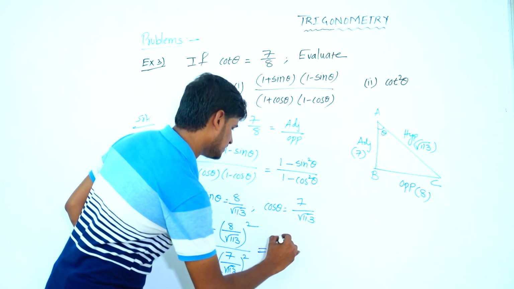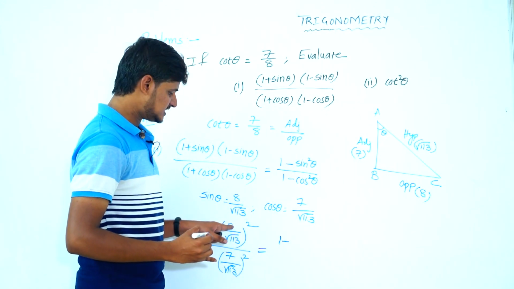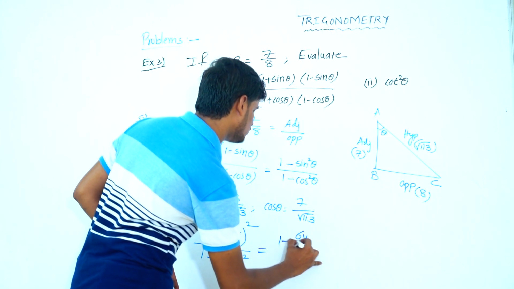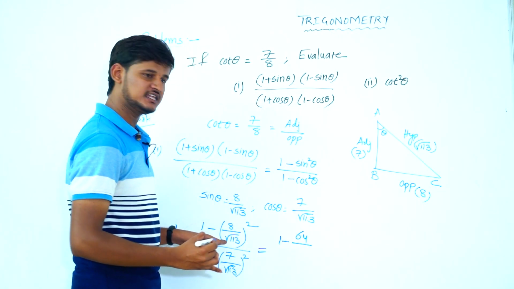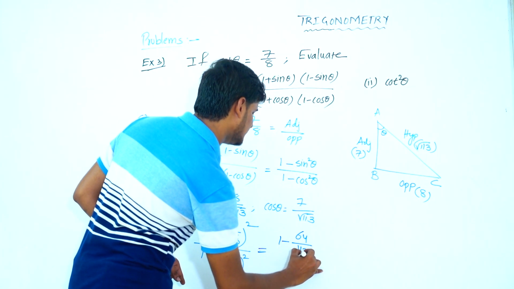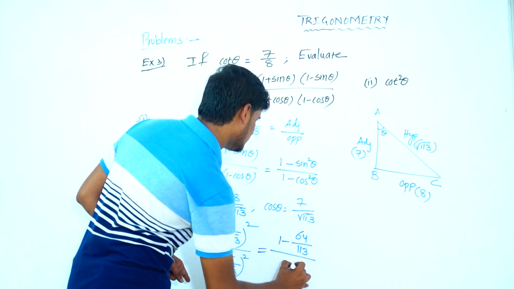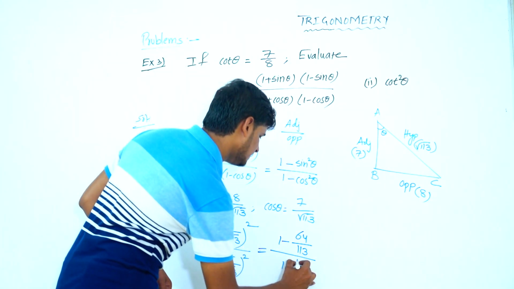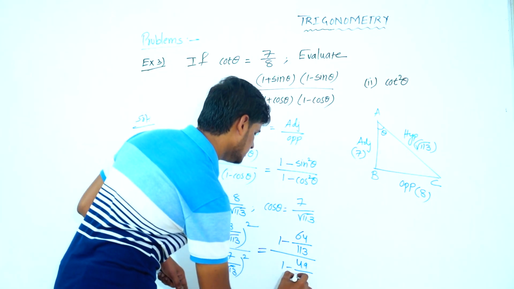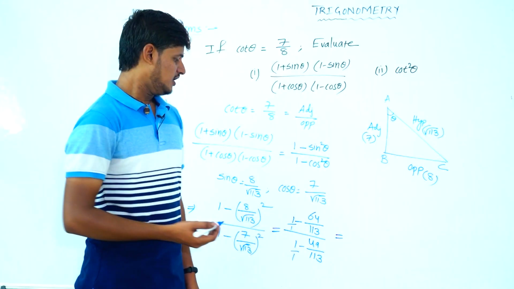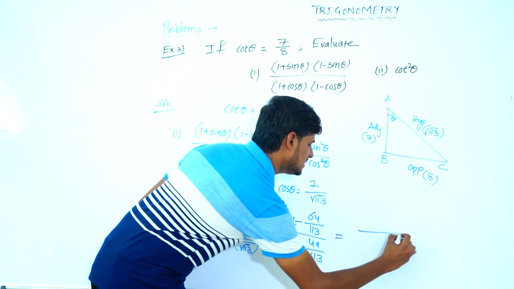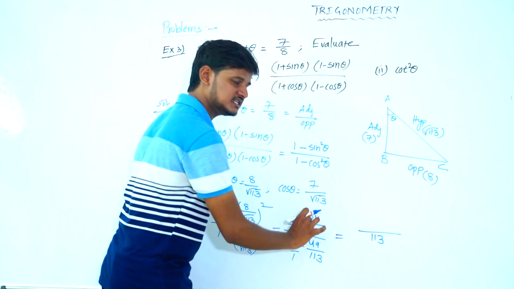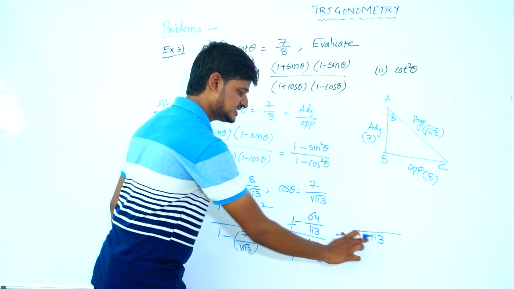If I simplify this one, split the square to both numerator and denominator. So 8 square is 64 by square root of 113 whole square, that is 113. Again, split the square to both numerator and denominator, so it will be 49 by 113. If you take the LCM in the numerator part, the LCM is 113. So for 1 by 1 minus 64 by 113, 113 is the LCM.